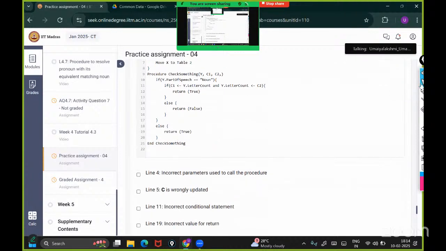Next, line number 11 is an incorrect conditional statement. What is the conditional statement given? So C1 is 4, 4 is less than or equal to the letter count, and letter count should be less than or equal to 8. Is this condition true?